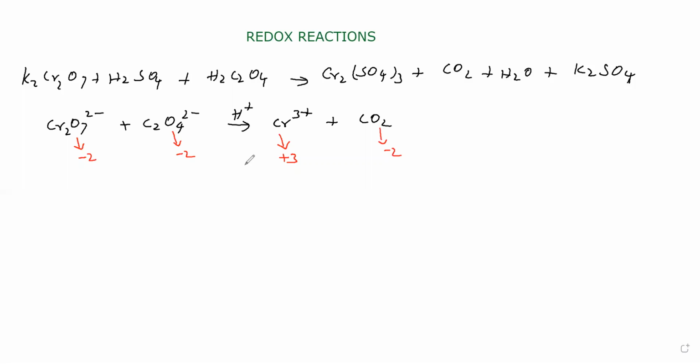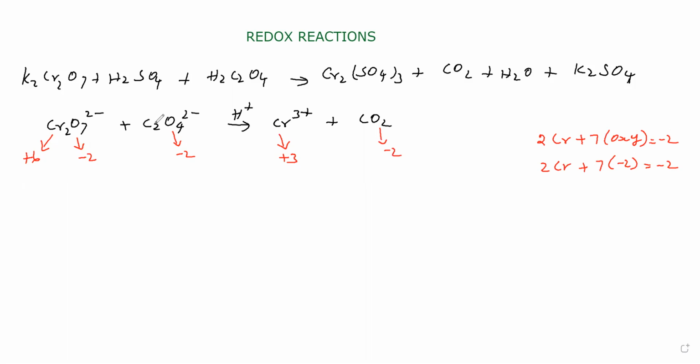The rest we will find. In dichromate, 2 chromium atoms and 7 oxygen atoms are present, and the net charge is -2. So 2 times chromium plus 7 times oxygen -2 equals -2. Therefore, we get chromium as +6.